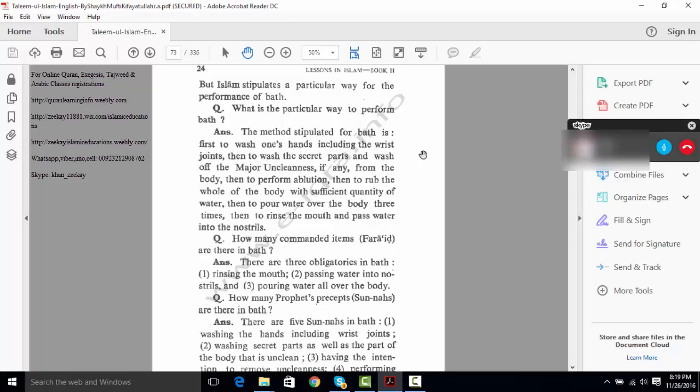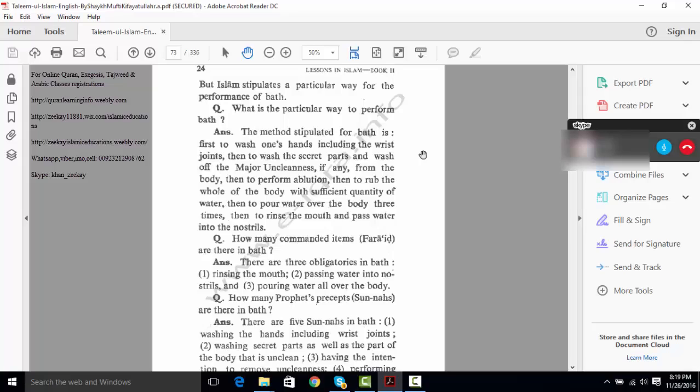Then, number three, to perform ablution, and then to rub the whole of the body with sufficient quantity of water. Then to pour water over the body 3 times. Then to rinse the mouth and pass water into the nostrils.